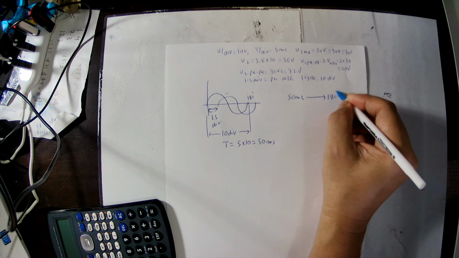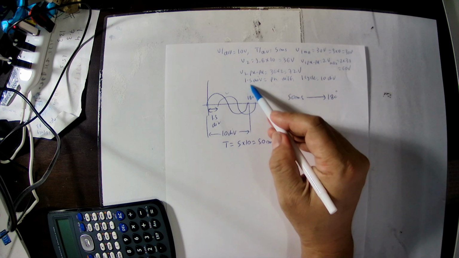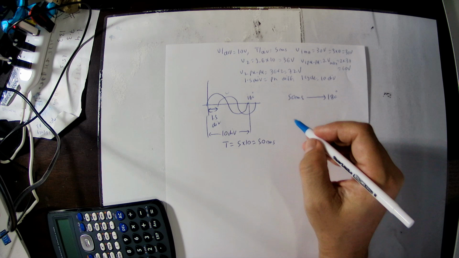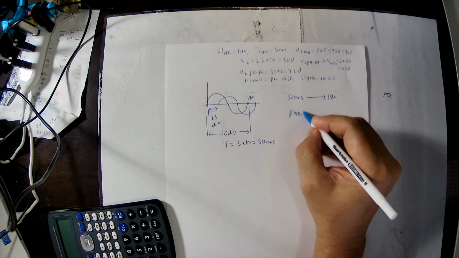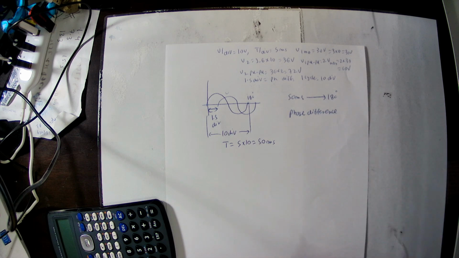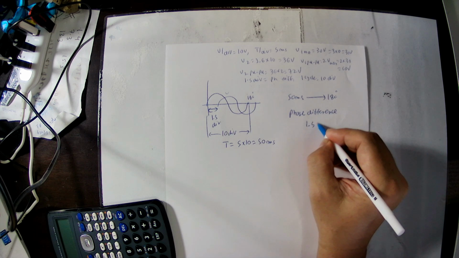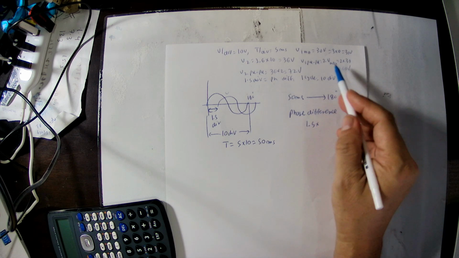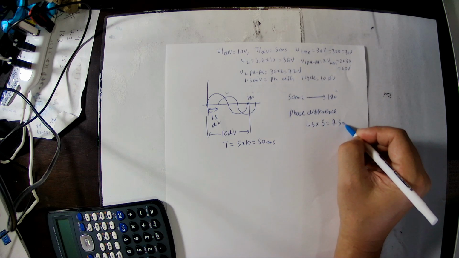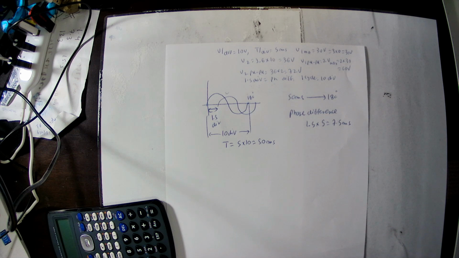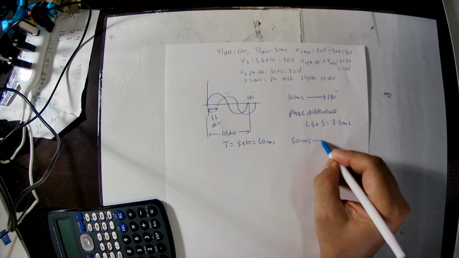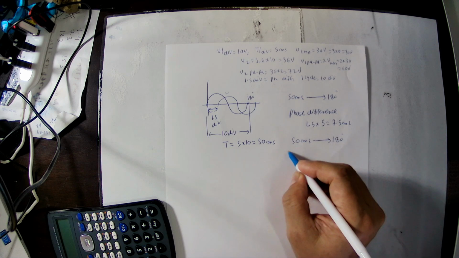Now the phase difference is 1.5 division, how many seconds? 1.5 multiplied by 5 milliseconds, so 7.5 milliseconds. We calculated 50 milliseconds is 180 degree. 7.5 milliseconds, how many degrees?